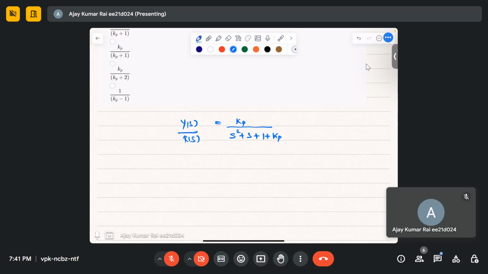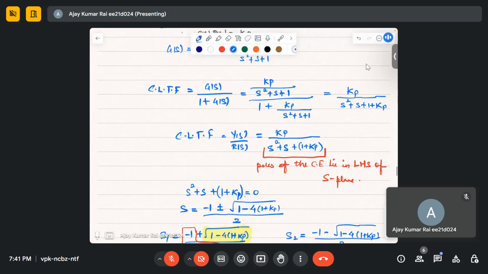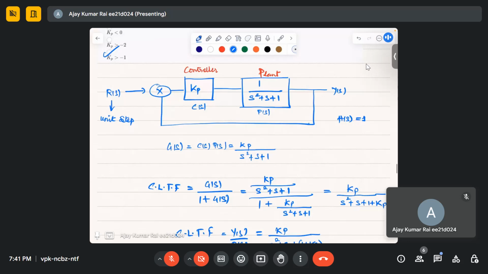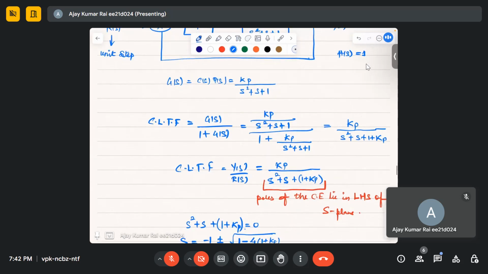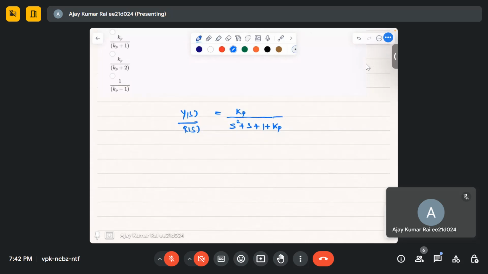This is the closed loop transfer function from the previous question. I'm just writing closed loop transfer function G(s) over 1 plus G(s).